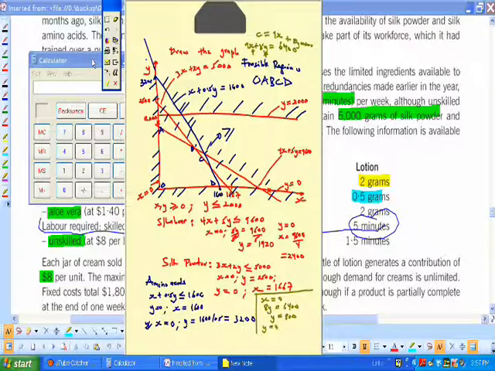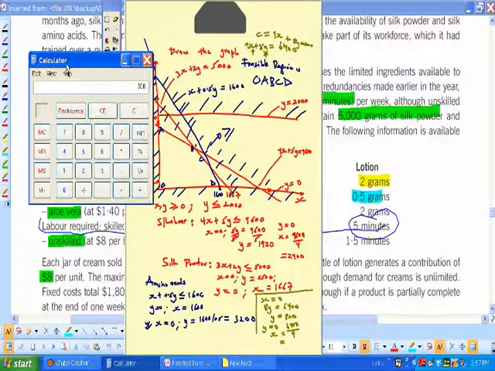And when y is equal to 0, same approach, x is 6,400 divided by 9, which is about 711.